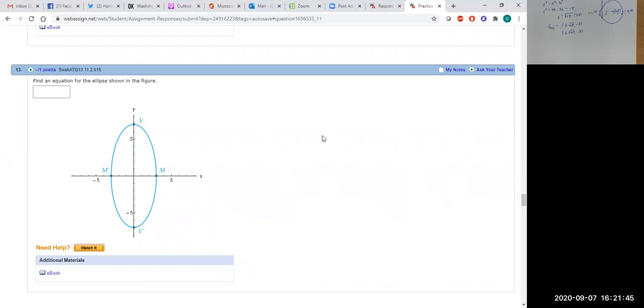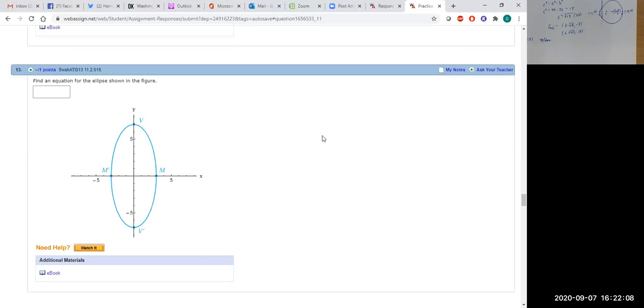So this is definitely an up or down ellipse. Let me write down here everything we can figure out from looking at the graph, and then we'll start working. So first of all, I think here the V and the V prime, they put those there to indicate vertices.